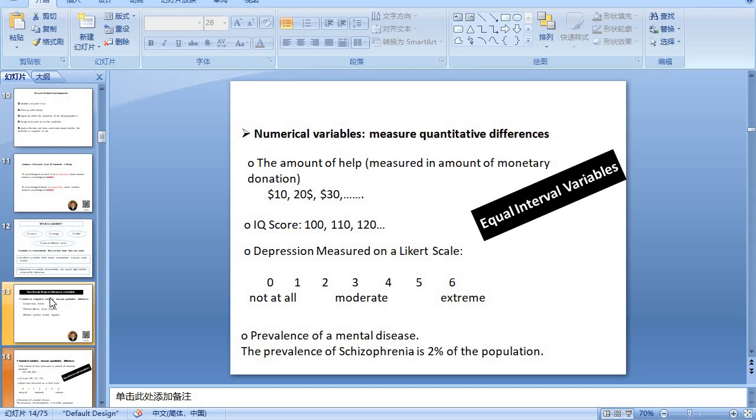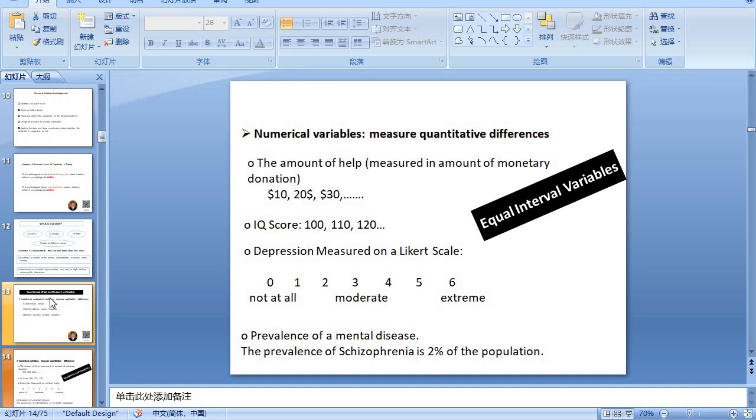This can be measured as a numerical variable. Say you can donate $1, $10, $20. Every time you go to Walmart, you check out, the cashier could ask you, do you want to donate to the children's hospital today? You can tell her how much you want to donate. This is a numerical variable.